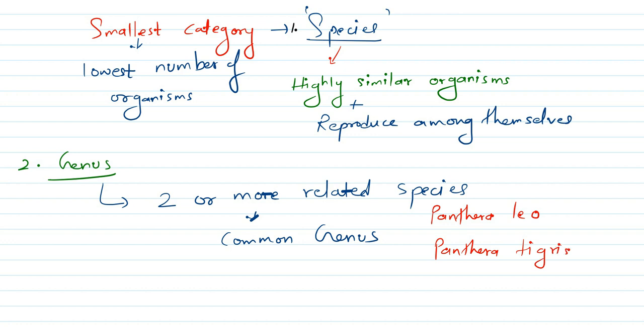So in this, since these two species, that is leo and tigris, are highly similar or they have maximum similarities, that's why they are placed under a common genus which is known as Panthera. So likewise, dear students, you can see many more similar examples in the world of biology.